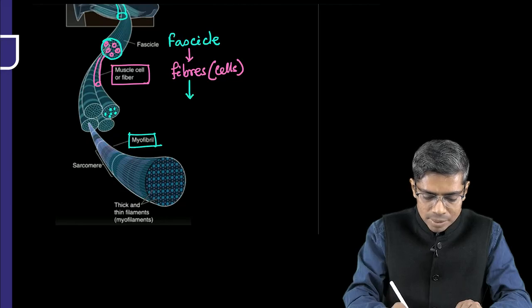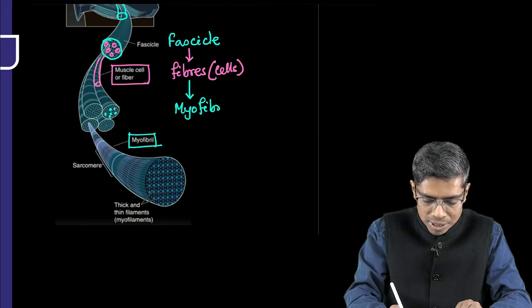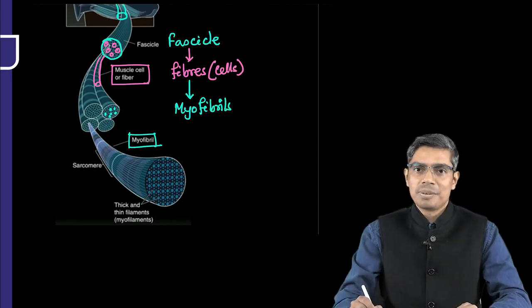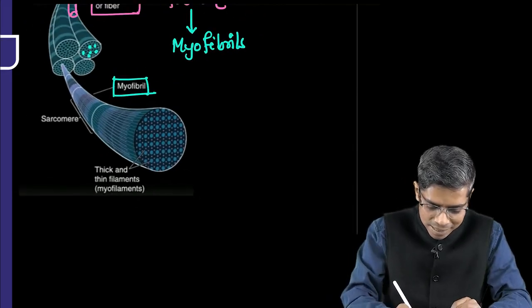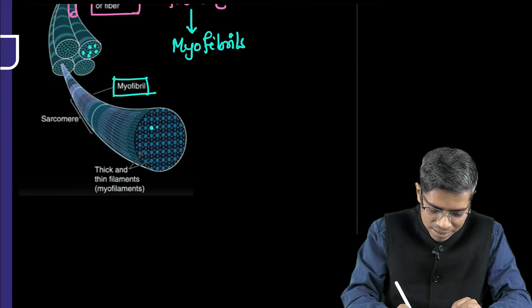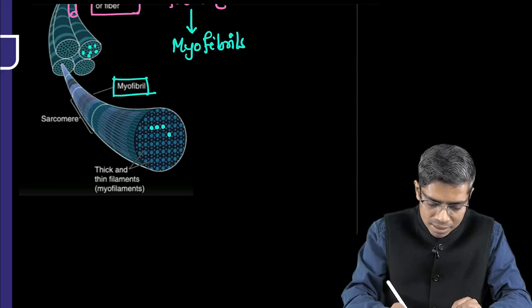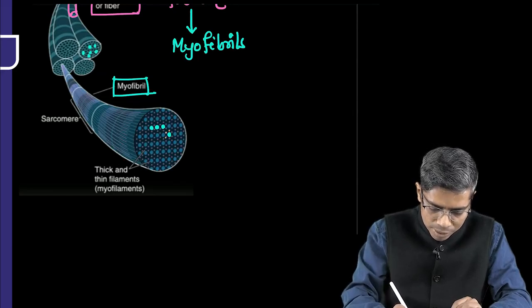So a muscle fiber is composed of multiple myofibrils, and inside this myofibril you find a thick filament, that is the myosin, and surrounding this thick filament there are 6 actin molecules present in a hexagonal pattern.